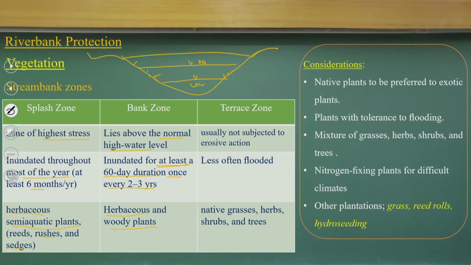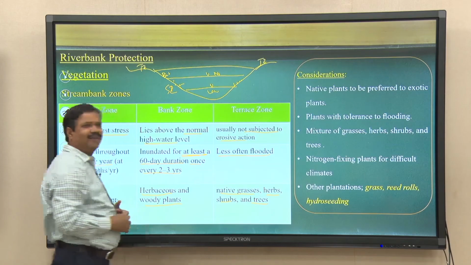Beyond that you have a terracing zone, which is usually not subject to erosive action and is less often flooded. Native grasses, herbs, shrubs and trees can be planted there.